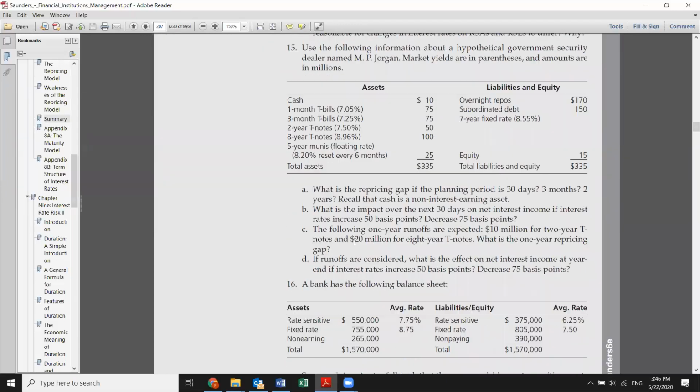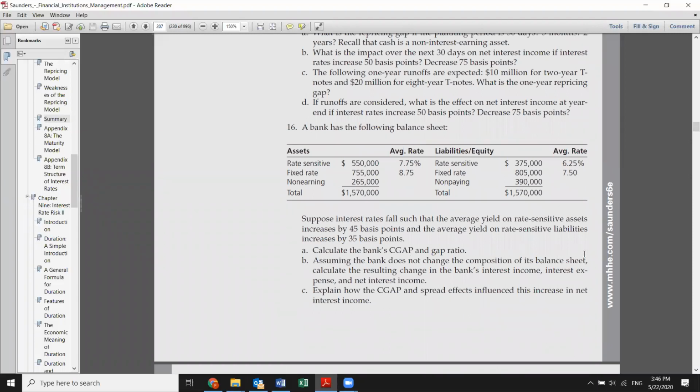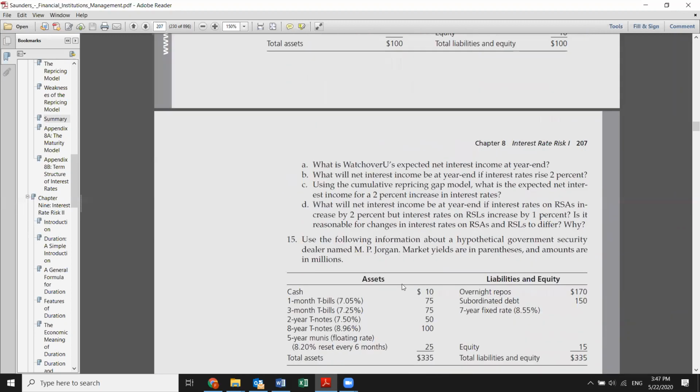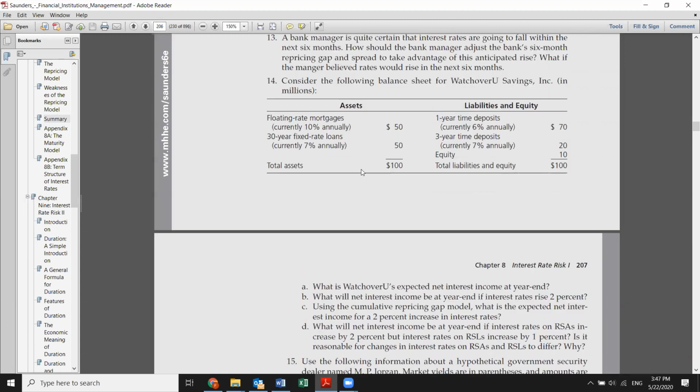But in here, we're asking just the impact on net interest income. What is the change in net interest income and interest expense? So the current one and not the expected one. This means how much money you're going to receive.